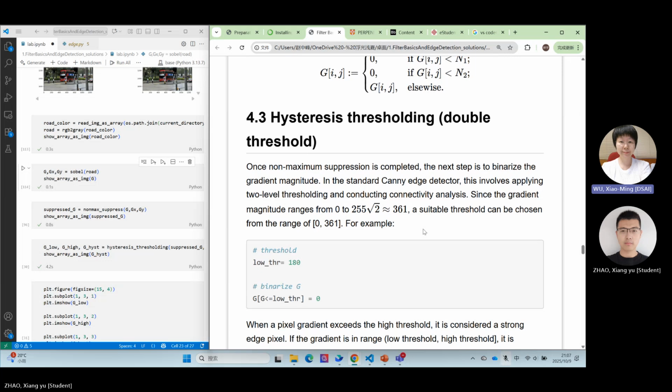In the standard Canny edge detector, this involves applying two-level thresholding and conducting connectivity analysis. Since the gradient magnitude ranges from 0 to 361, a suitable threshold can be chosen from a range of these.